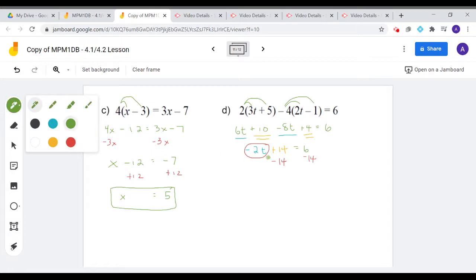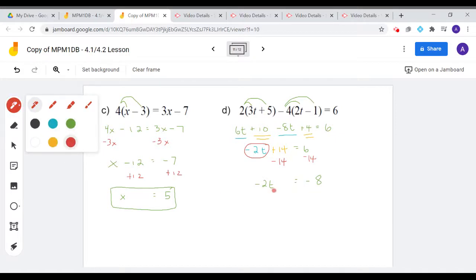Okay, so I end up with -2t. Okay, and then if I add 14 and take away 14, it's like nothing happened. It's like adding 0. I don't need to write that. But on this side, 6 minus 14 doesn't give me 0. It gives me -8. Okay, so now I have an equation, -2t equals -8.